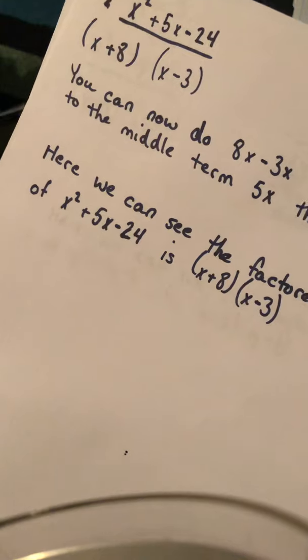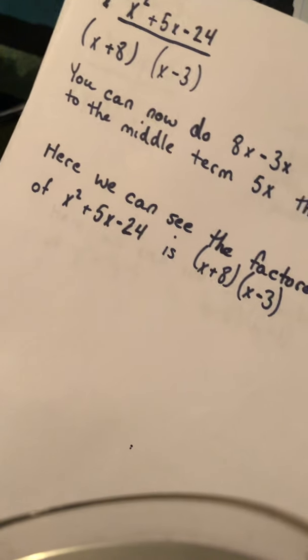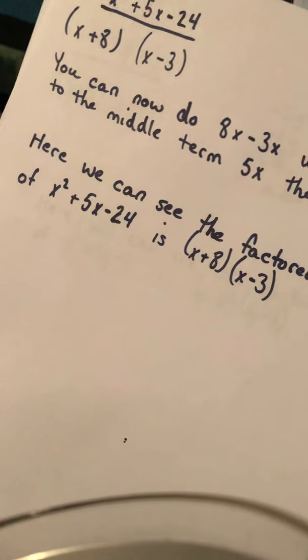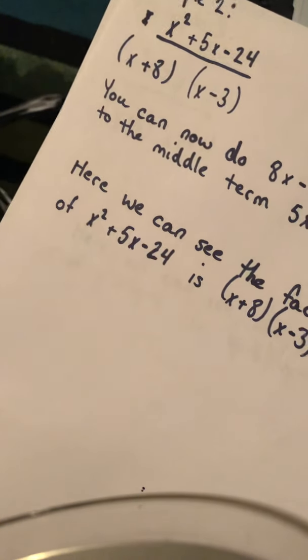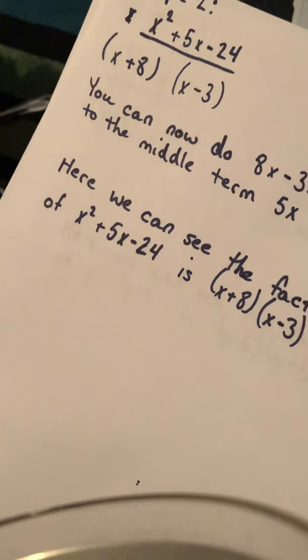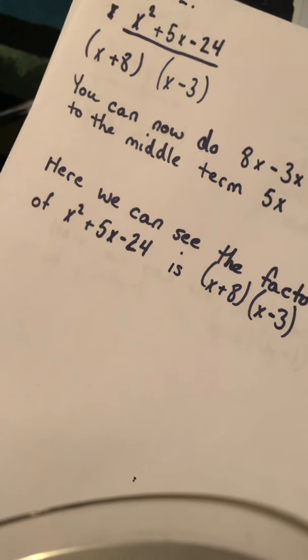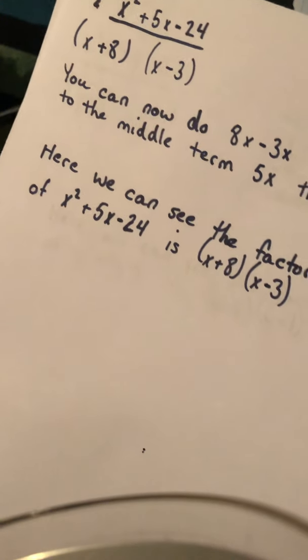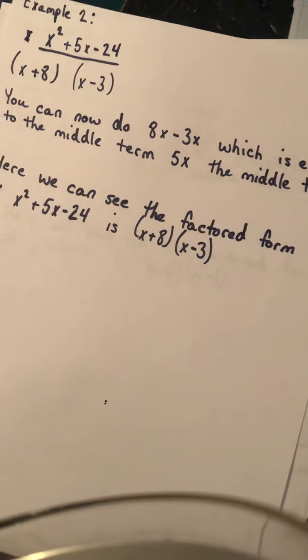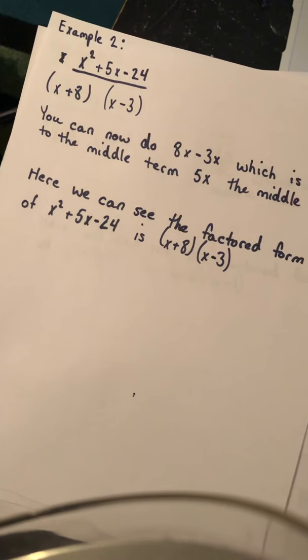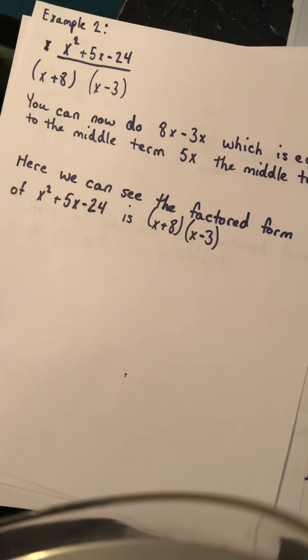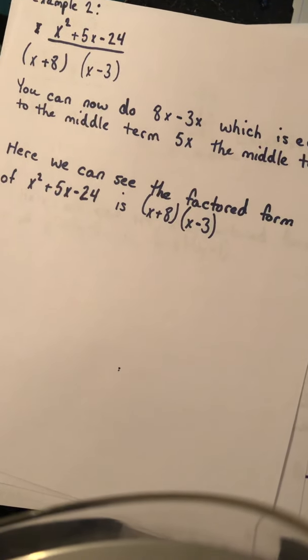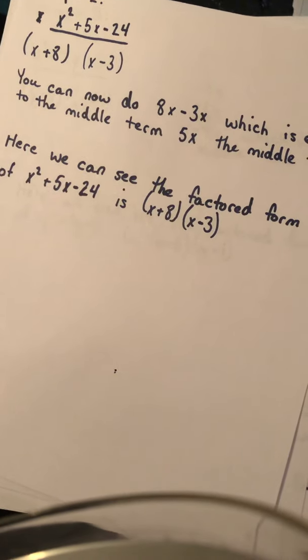Then you take two factors of 24, which are 8 and 3. You can now do 8x minus 3x, which is equal to the middle term 5x. Here we can see that the factored form of x squared plus 5x minus 24 is x plus 8 and x minus 3.